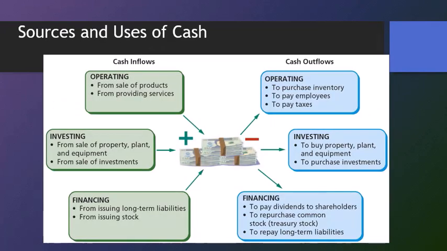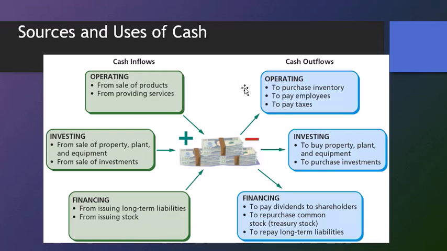okay? And here they provide you some additional examples as well. Again, operating, just think of the company's core business, whatever they're in business to do. They're going to get money from selling their goods and services, and they're going to have cost associated with operations. Okay, they're going to have general expenses. Normally, the things that we see here are going to be related to changes in working capital.